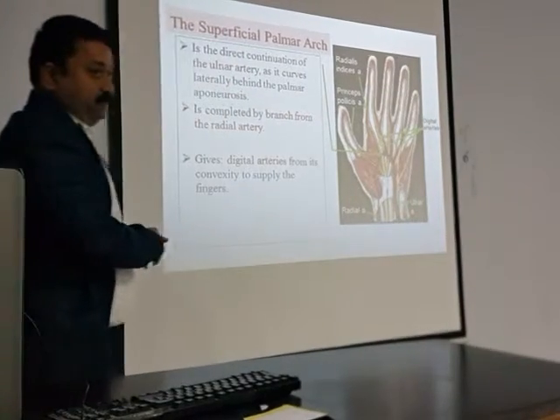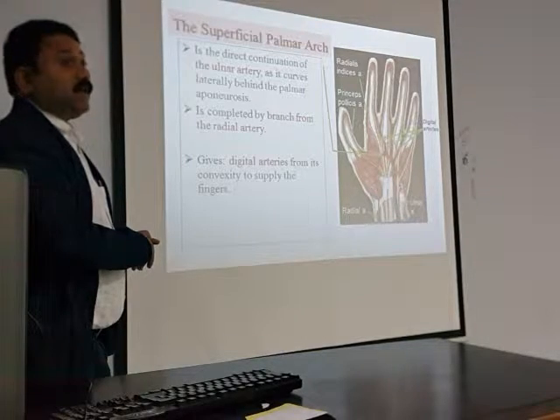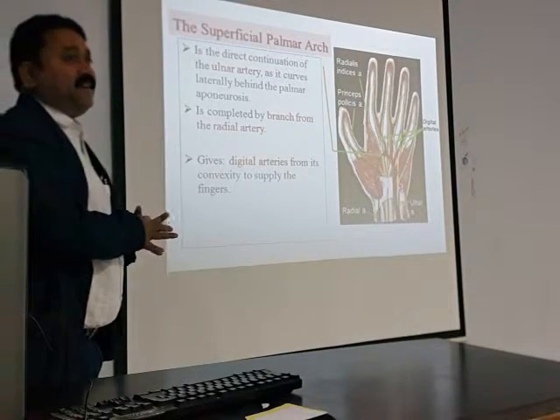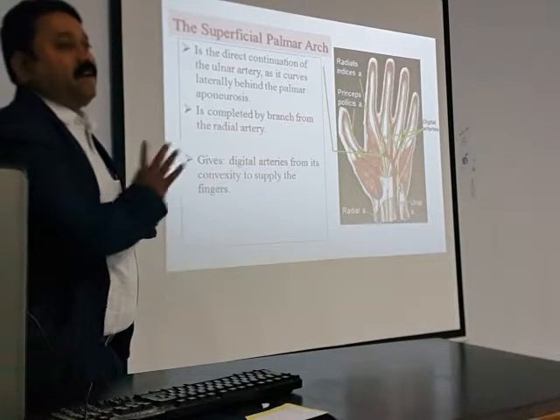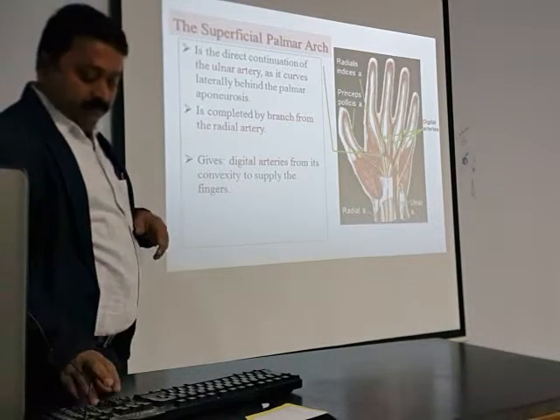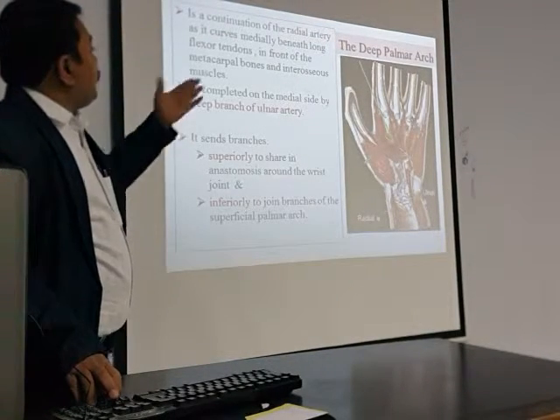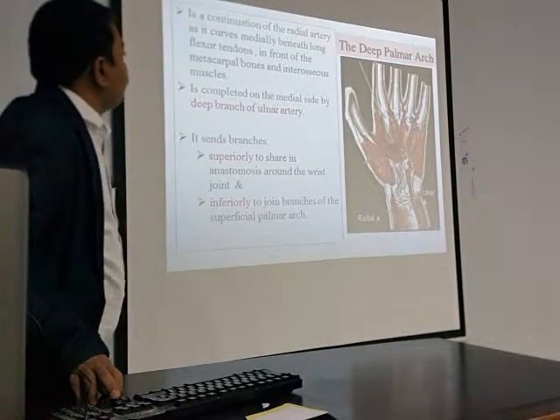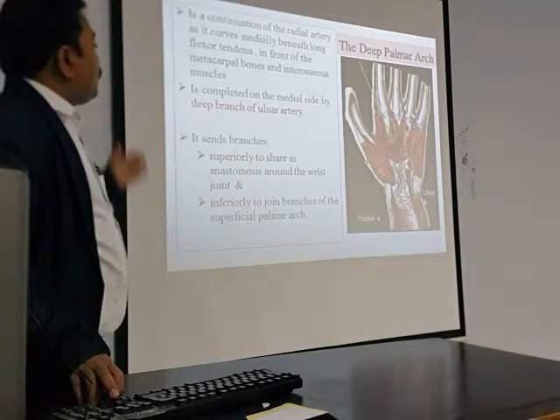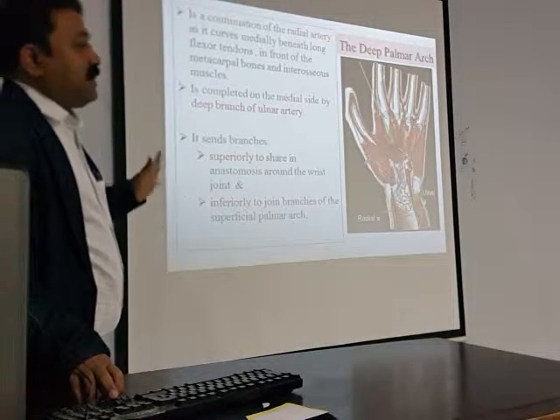Doctor, in the superficial palmar arch, what's the main artery? Ulnar. The superficial arch is by the ulnar artery, and the deep one is by the radial artery. The deep palmar arch is the continuation of the radial artery, and it is completed on the medial side by the deep branch of the ulnar artery.